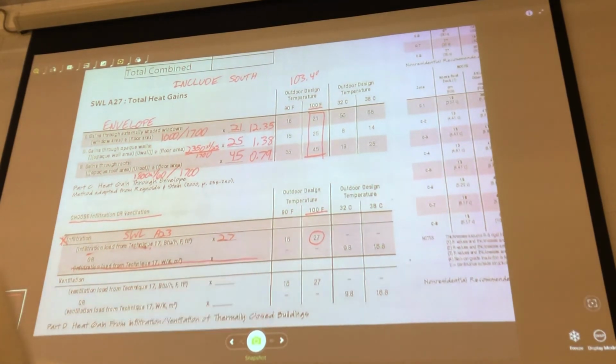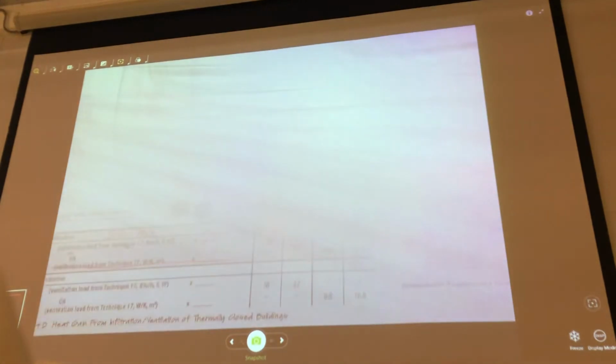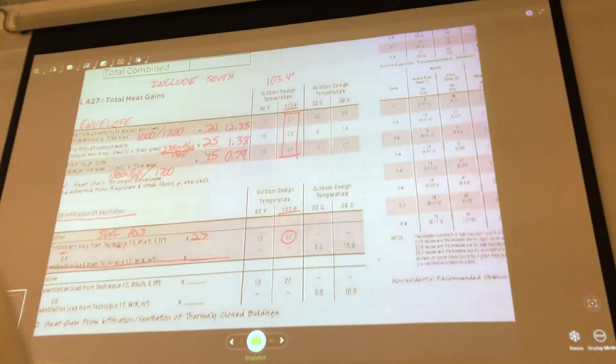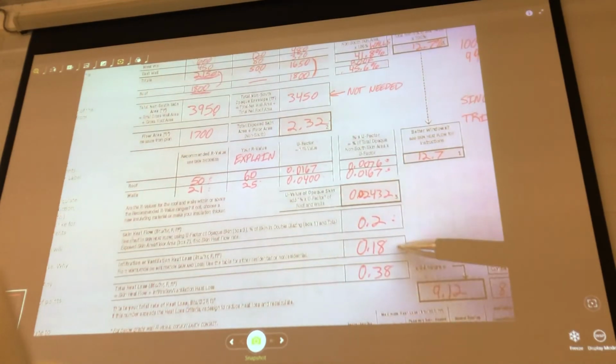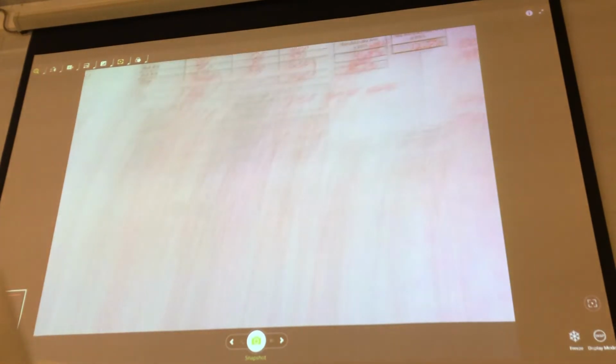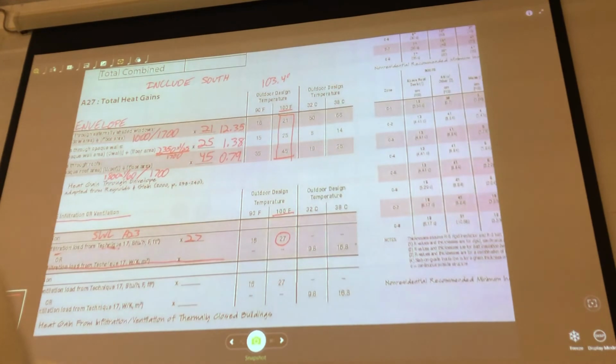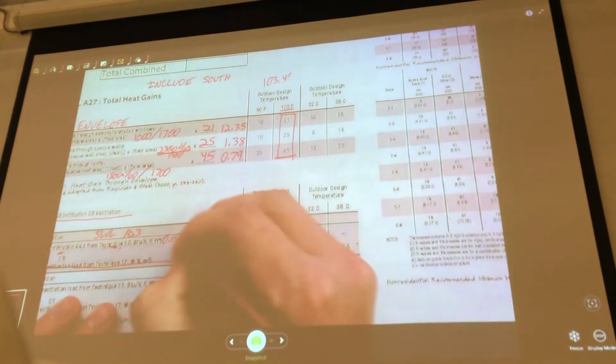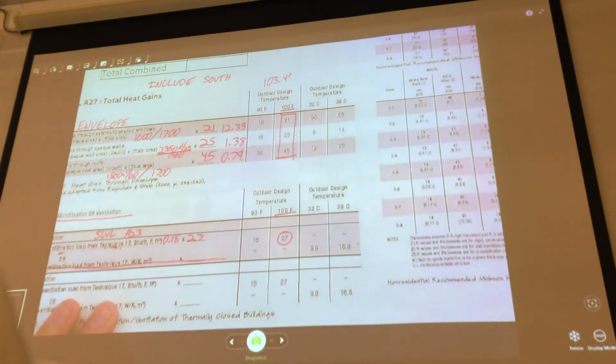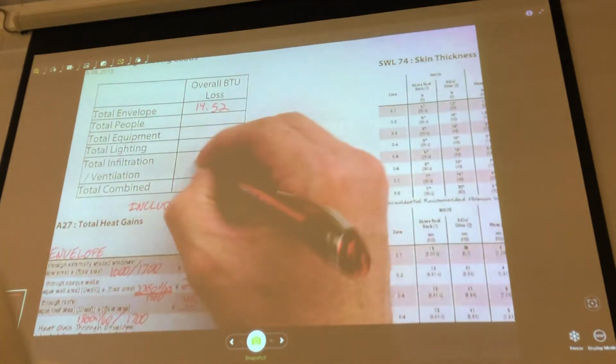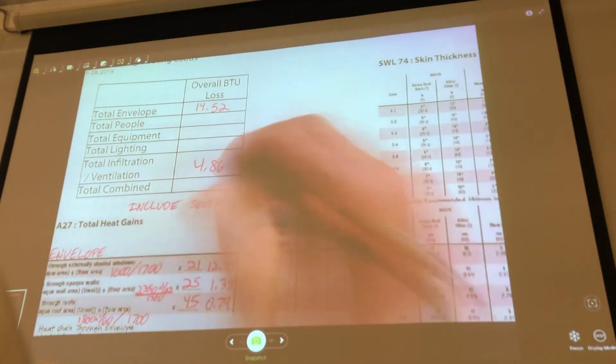And A23, we've already figured that out. That was our 0.18. So it's the exact same thing that we did here for our infiltration. So 0.18 times 27 gives us a value of 4.86.